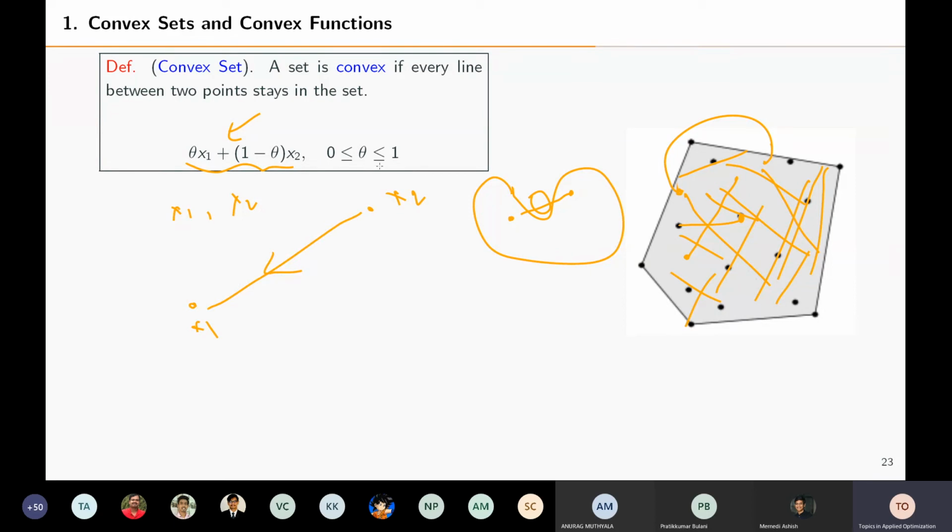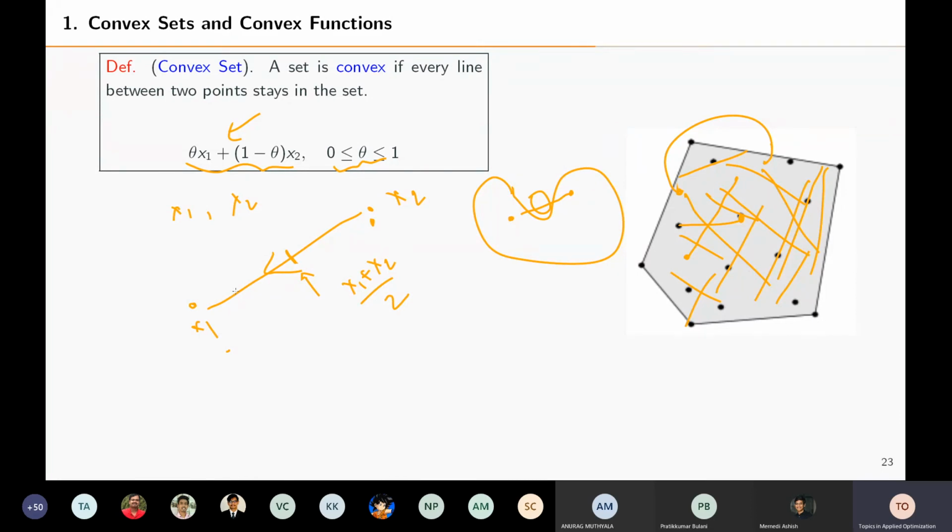At theta equals 0, you are at point x2, and at theta equals 1, you are at point x1, and for any intermediate value, let us say theta equals half, you are at the midpoint, x1 plus x2 by 2. So by doing a continuous variation of theta between 0 and 1, I can get all the points between x1 and x2, which means that I get the whole line joining x1 and x2.